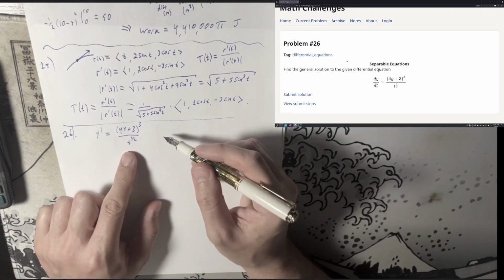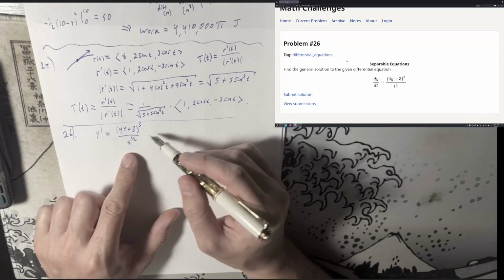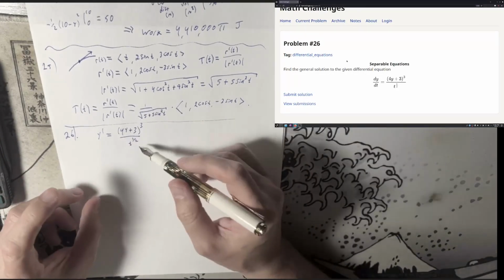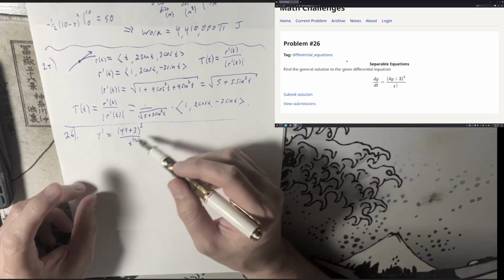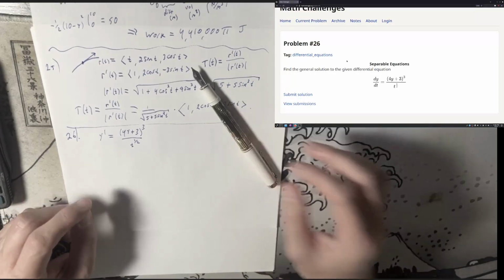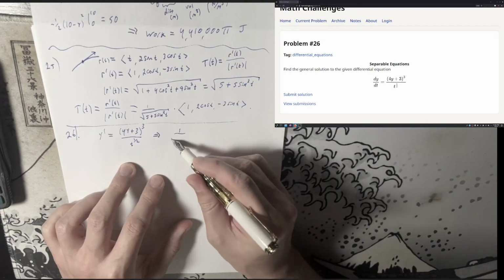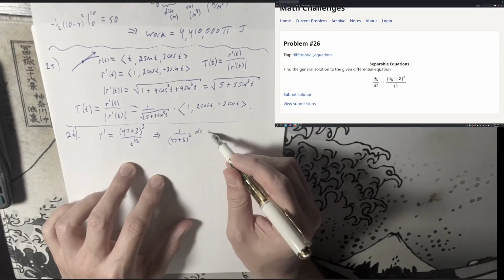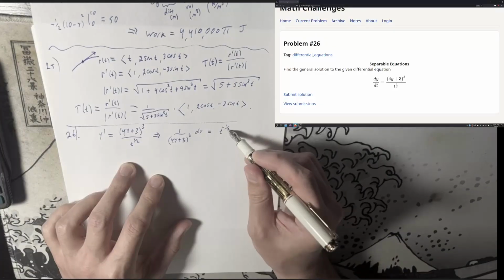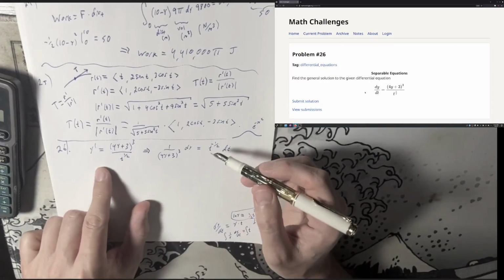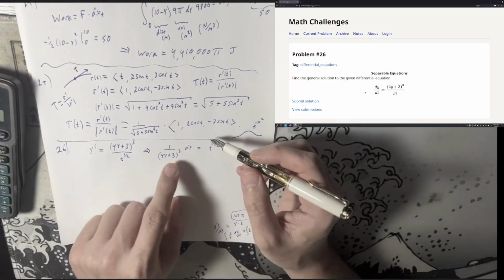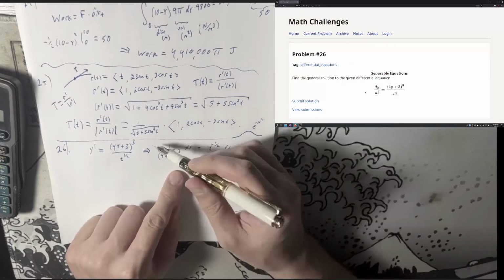We're getting lucky here because this is separable, meaning you can divide by a function of y, and all that's left on the right hand side will be stuff that depends only on t. You separate. I usually put the dt on the right just because I like seeing it over there. It gives you the same thing.